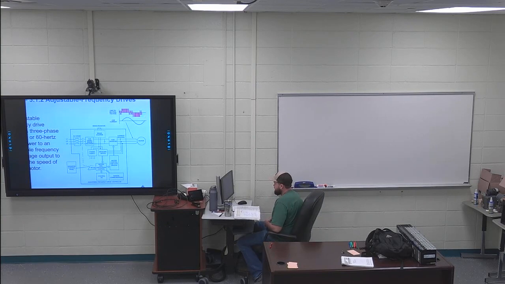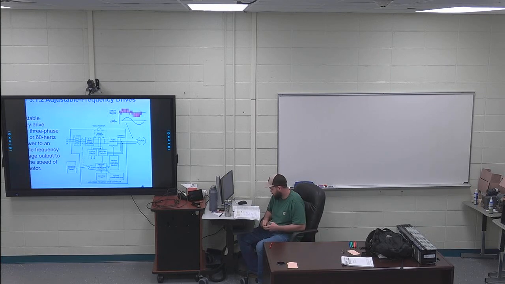AFD selection, a bunch of different types of adjustable frequency drives. We've got the Allen Bradleys in the lab that you guys will or have been working with, but they have different bullet points for different functionalities.